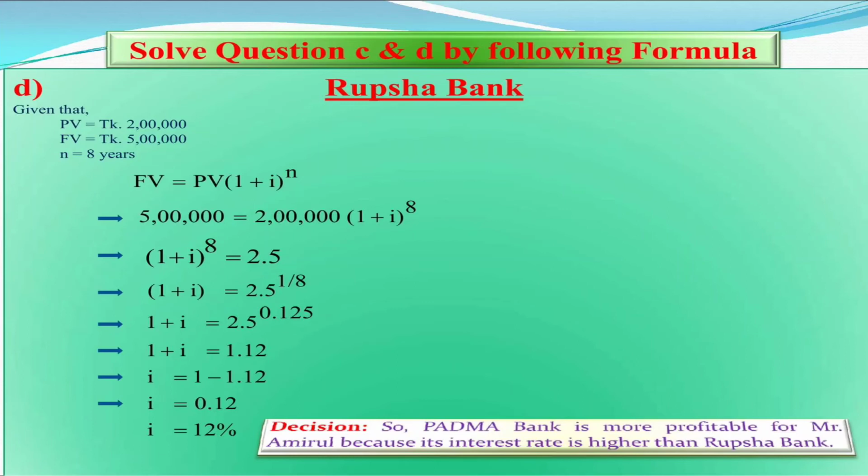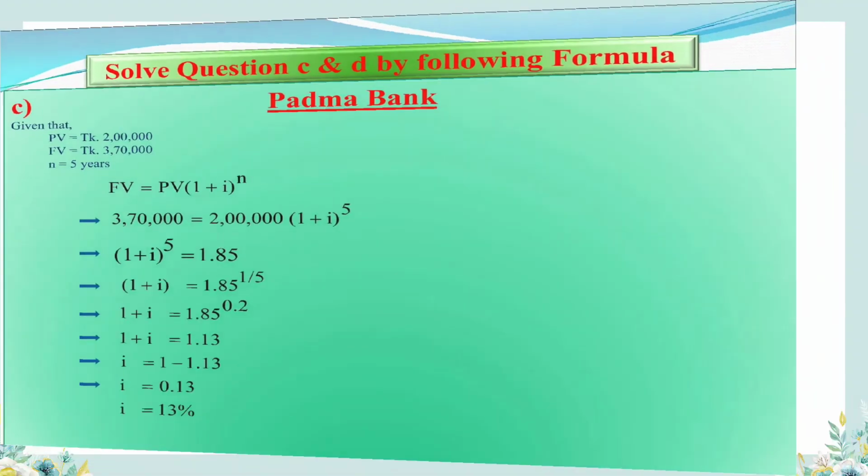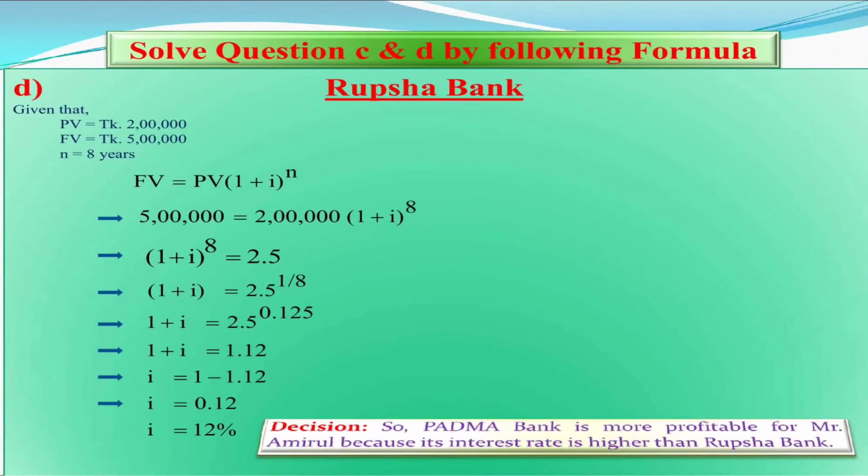So in D the question was which bank is profitable or suitable for Amirul Islam to invest his money. Here you see, in Padma Bank the interest rate is 13%, but in Rupsha Bank the interest rate is 12%.